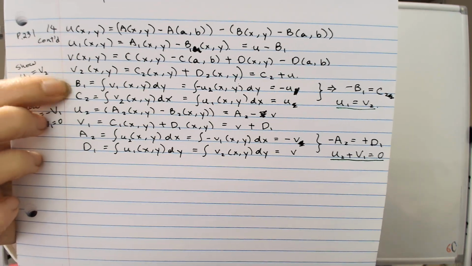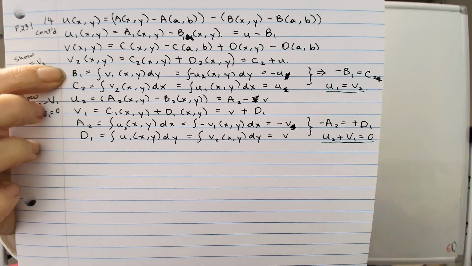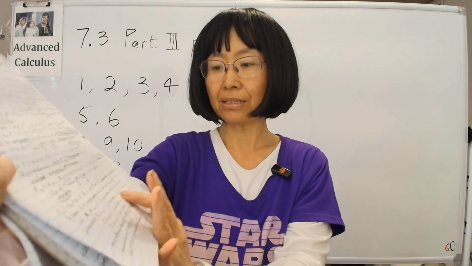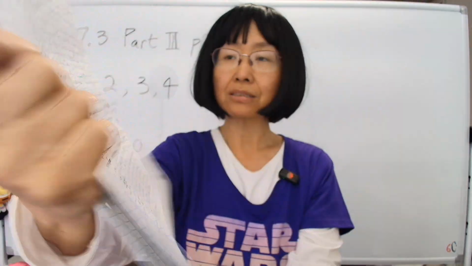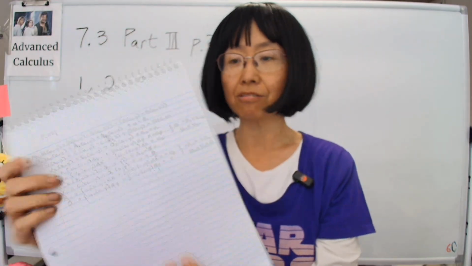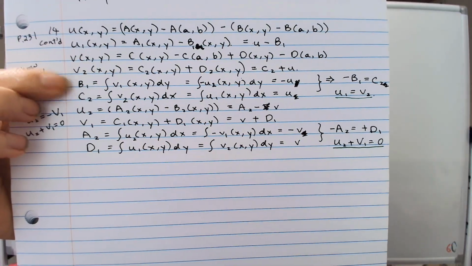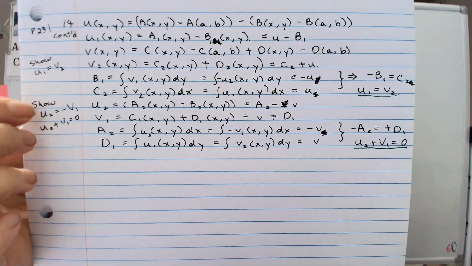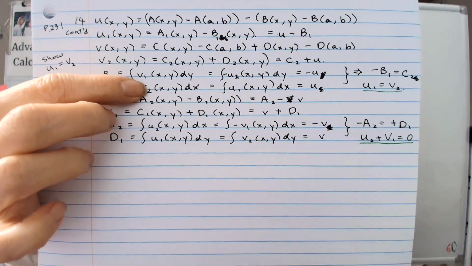We'll calculate b1. b1 is the integral of v1 xy dy. That is because B is defined as the integral of v dy, so B1 will just take the derivative inside the integral, and you're allowed to do that. It becomes v1, and then remember, from the previous page, the small v1 is the same as negative u2.